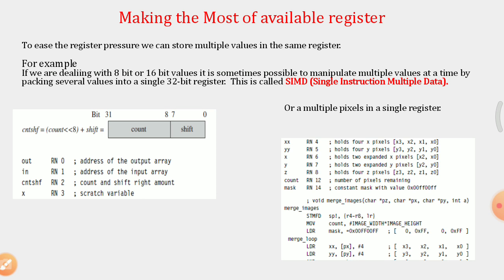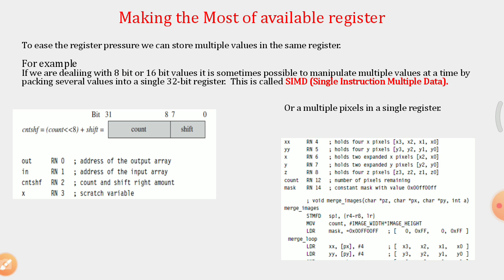I repeat, if we are dealing with 8-bit or 16-bit values, each register is of 32-bit size, and when we are dealing with 16-bit values, we can store two 16-bit values in a single 32-bit register. So this can be done.